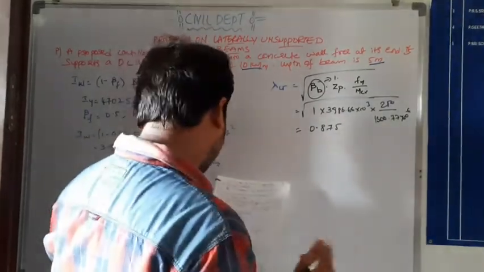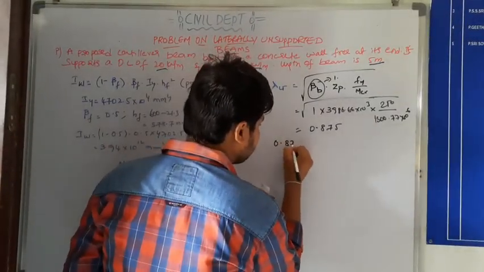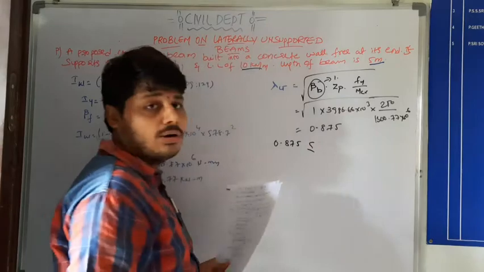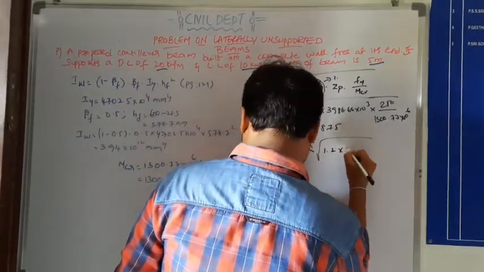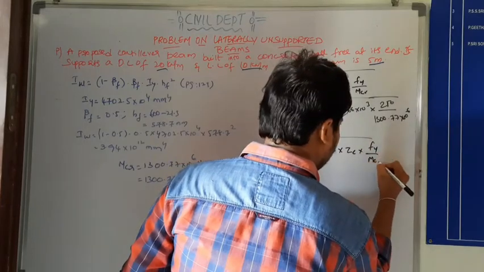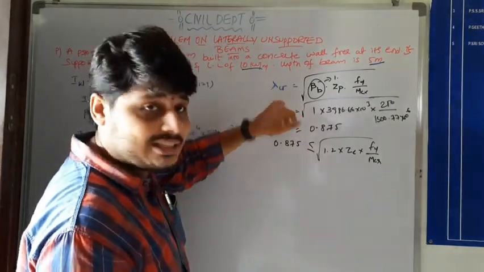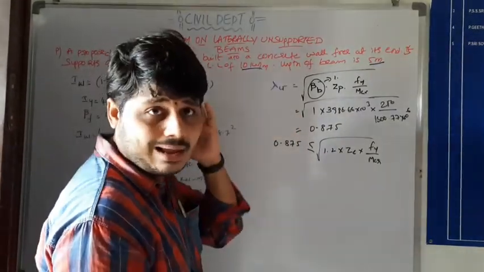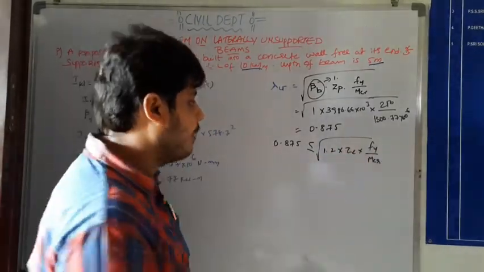So here lambda LT we will get, but the lambda LT must be less than or equal to root of 1.2 into ZE into Fy by MCR. So here one of the conditions is the lambda LT must be less than root of 1.2 ZE Fy.